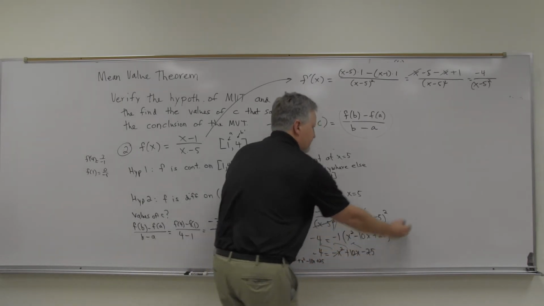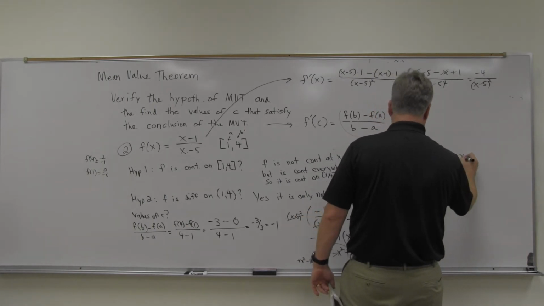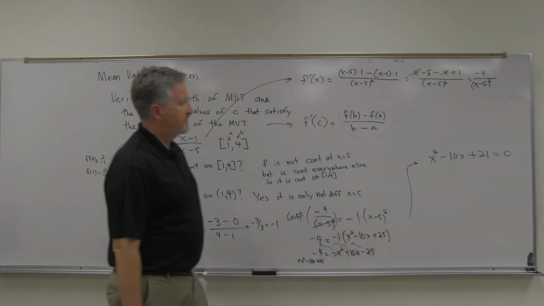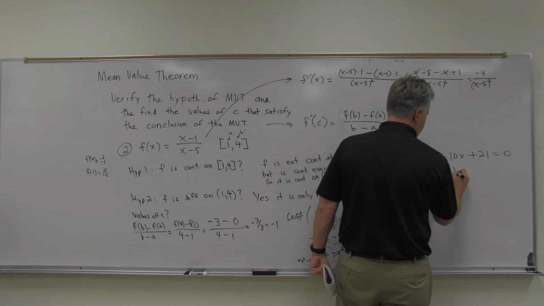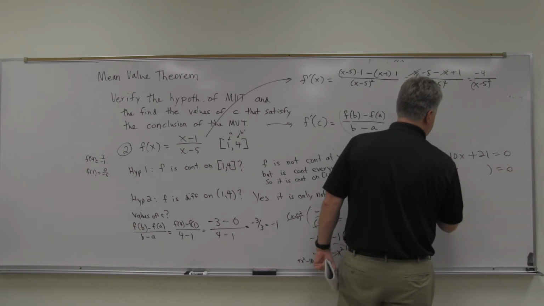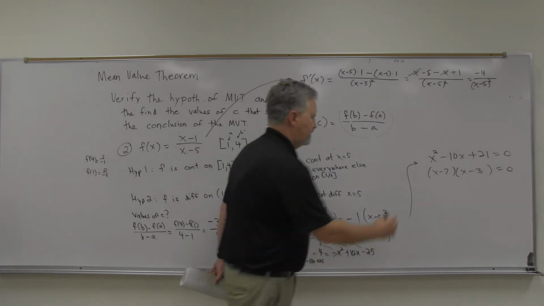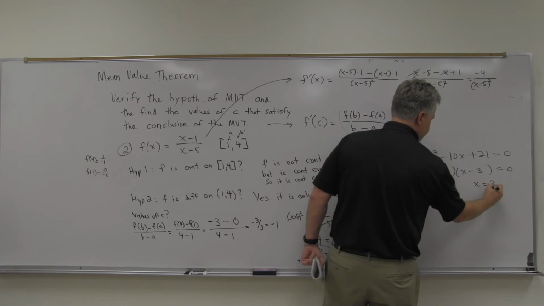That's going to be x squared minus 10x plus 21 equals 0. Easier for me to factor. It's x minus 7 and x minus 3. So x minus 7 equals 0, so x is 7. x minus 3 equals 0, so x is 3.